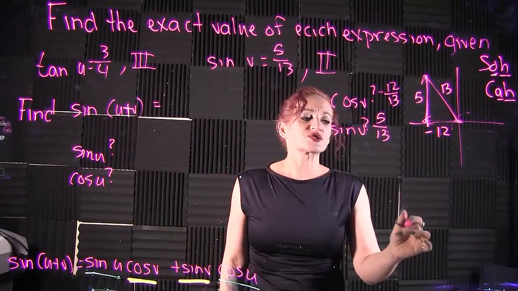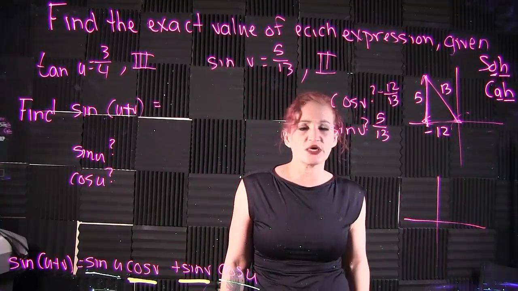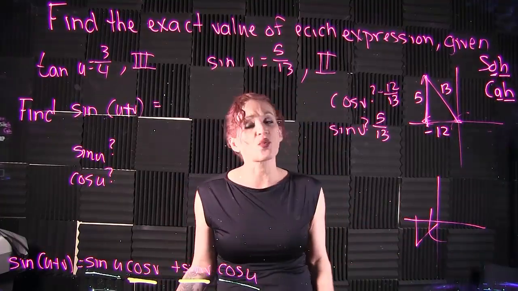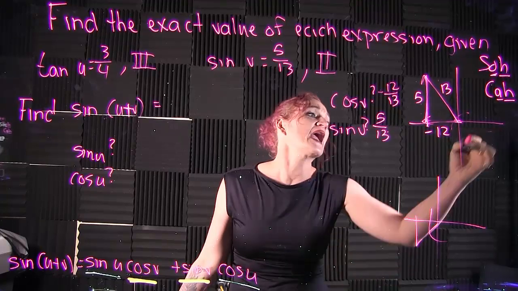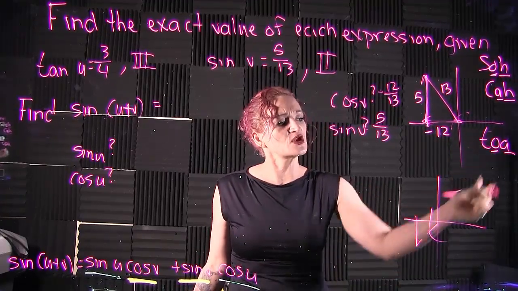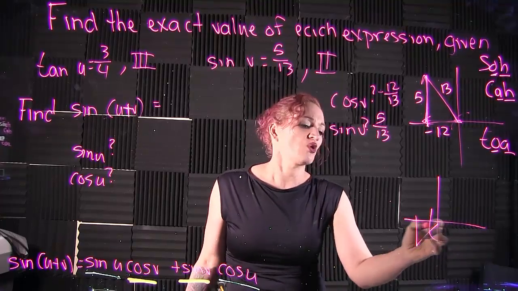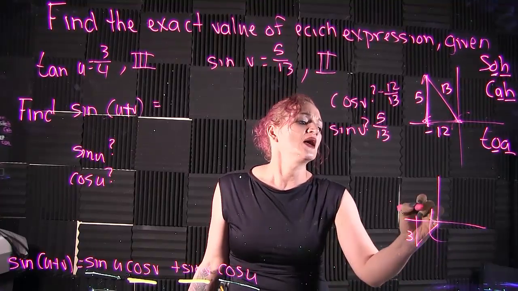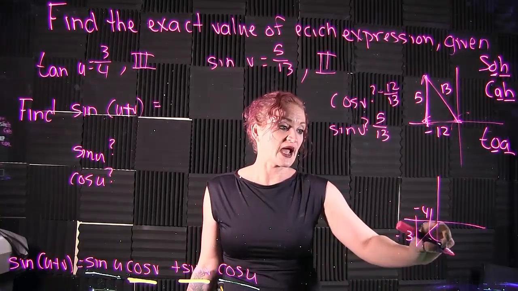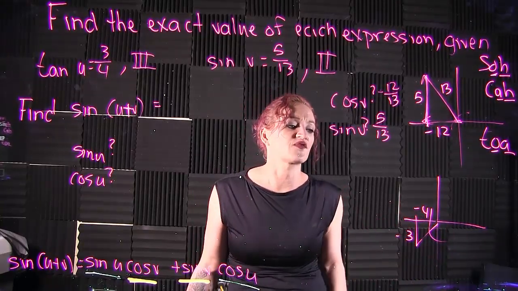We are told that tangent u is equal to 3/4 in quadrant 3. So quadrant 3 right over here. So tangent, SOHCAHTOA, tangent is opposite over adjacent. So opposite is our 3, adjacent is our 4. Both of those should be negative. Again, -4, -3.